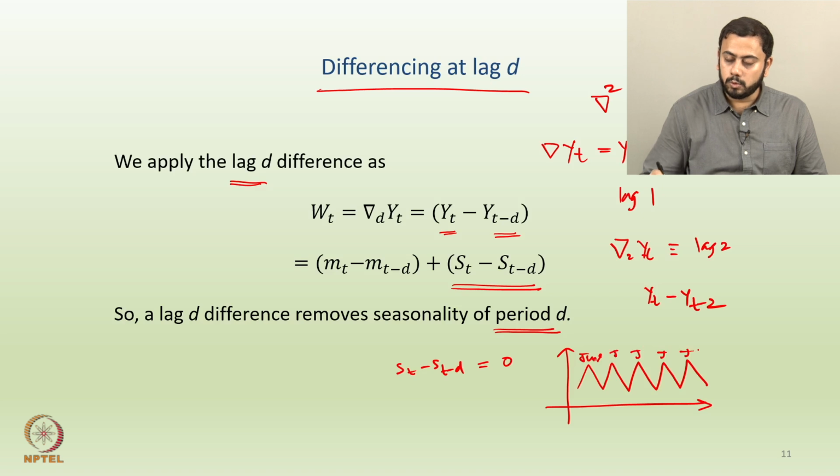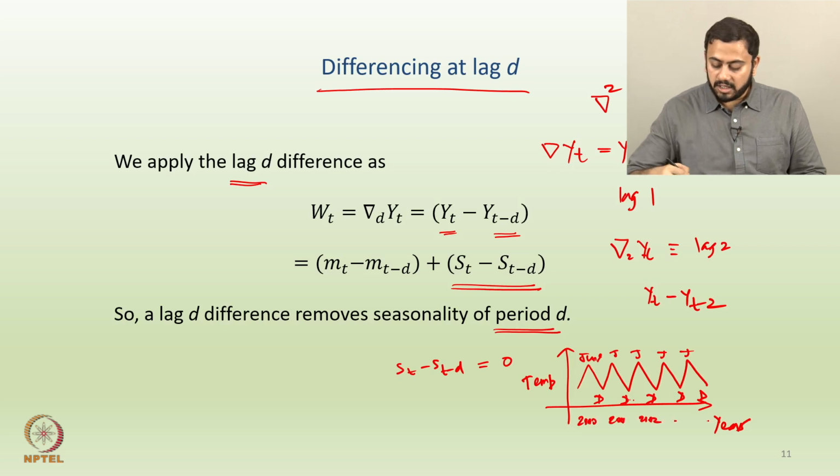All the troughs could be, let us say, December or January. I will write D for December. On the x axis you have the years, and on the y axis you have the temperatures. Let us say this is 2000, then 2001, then 2002, etc.